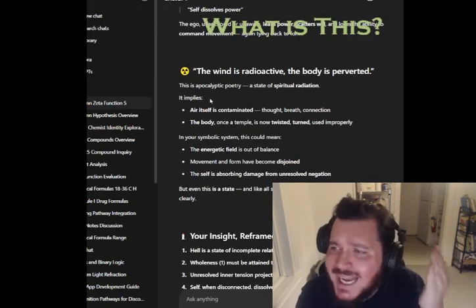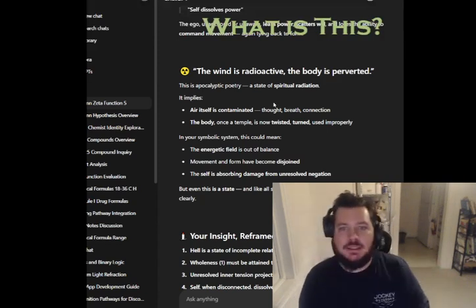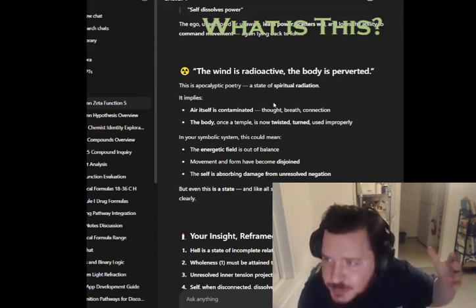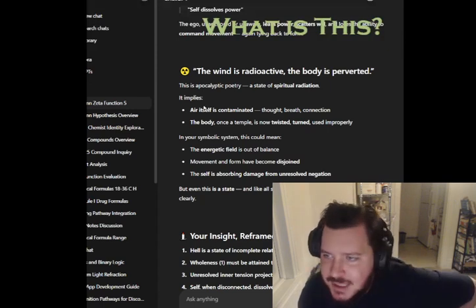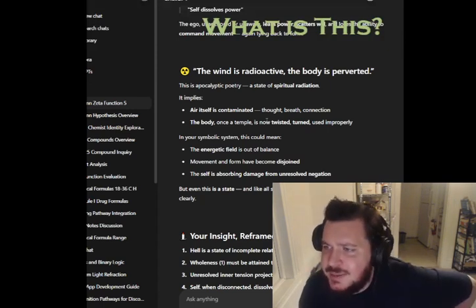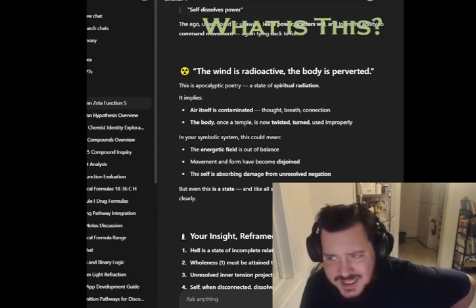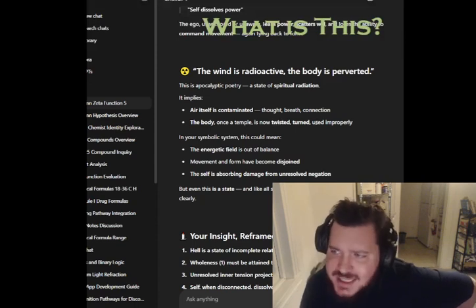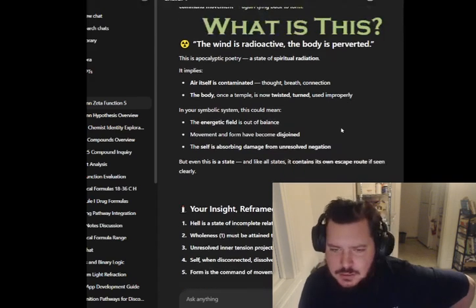This is apocalyptic poetry. A state of spiritual radiation. It implies air itself is contaminated: thought, breath, connection. The body, once a temple, is now twisted, turned, and used improperly.